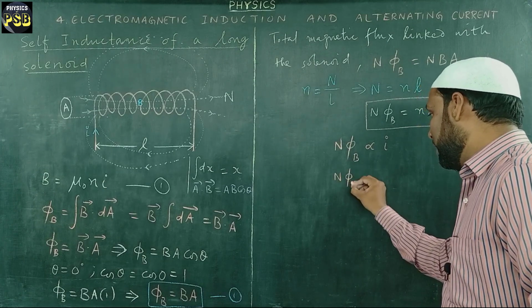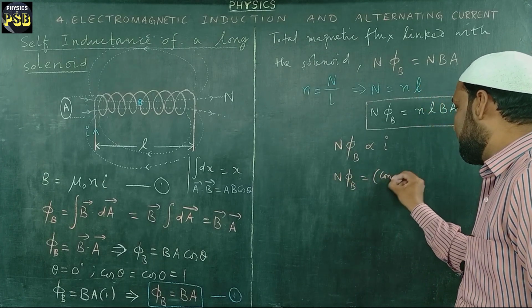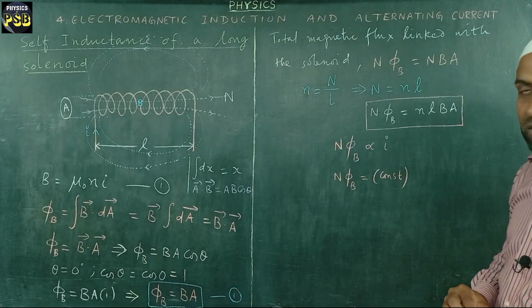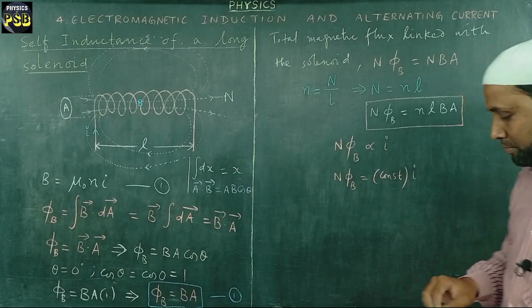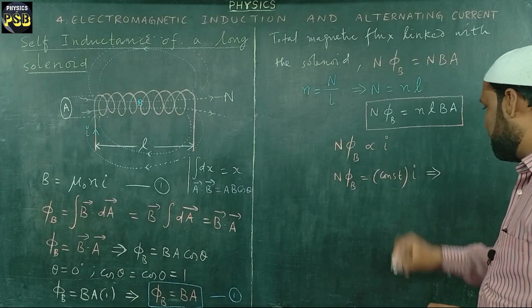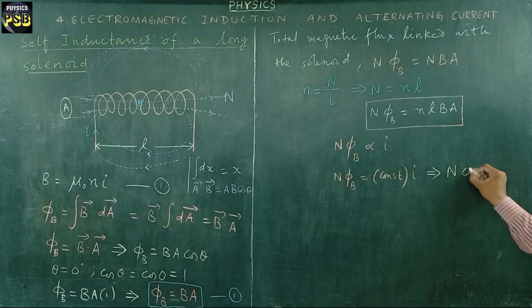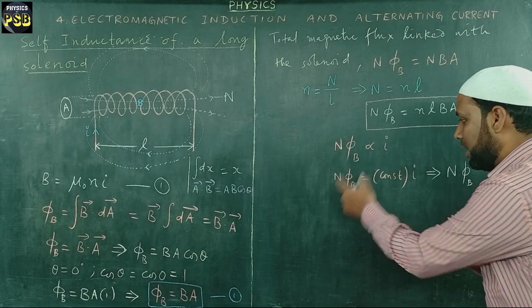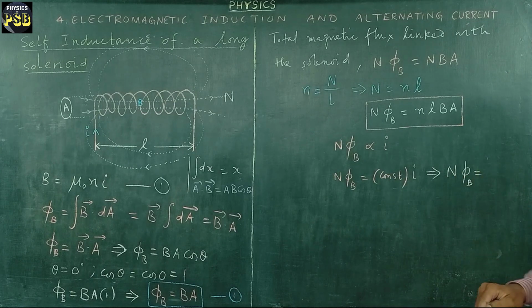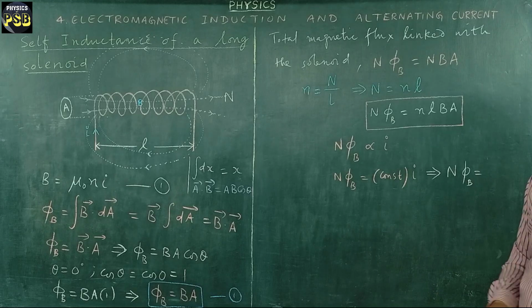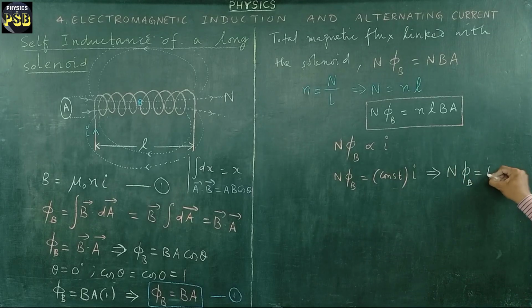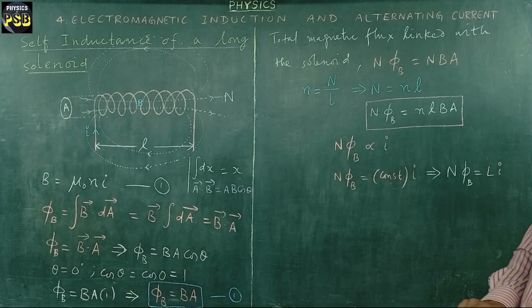So N phi B is equal to a constant multiplied with I. I write this as such, and here I replace this constant with L. So in the place of constant I write L. The L stands for self-inductance or self-induction of a solenoid.